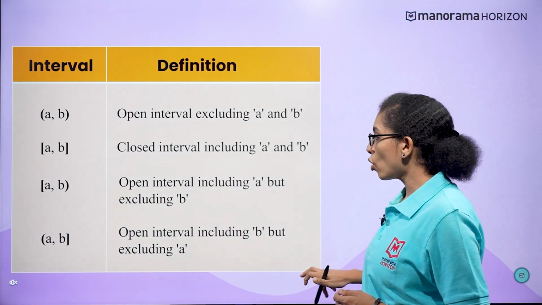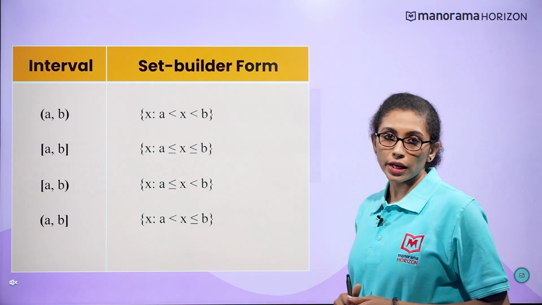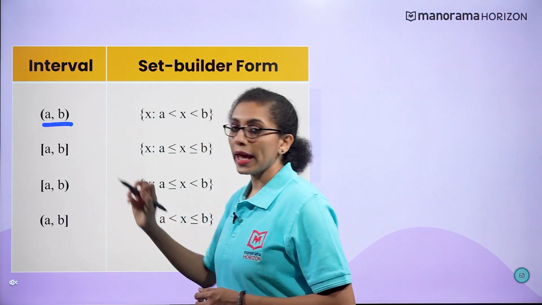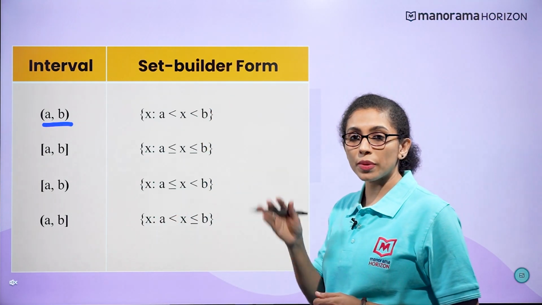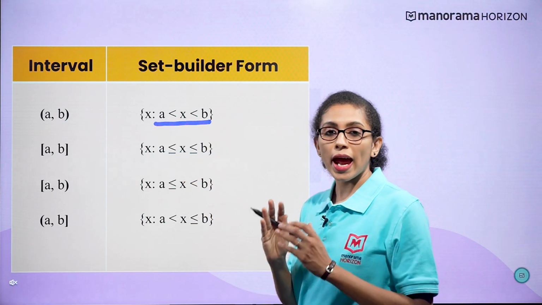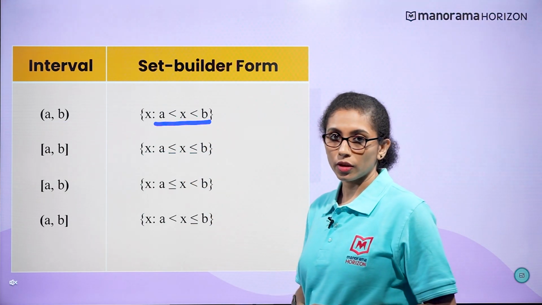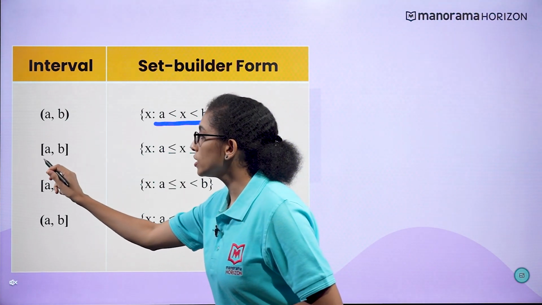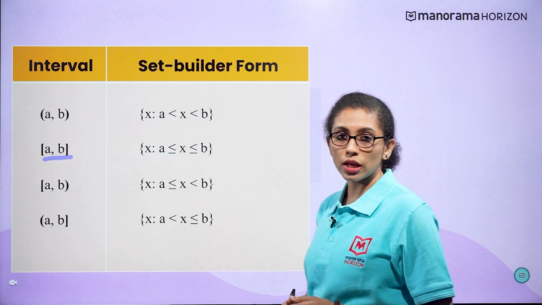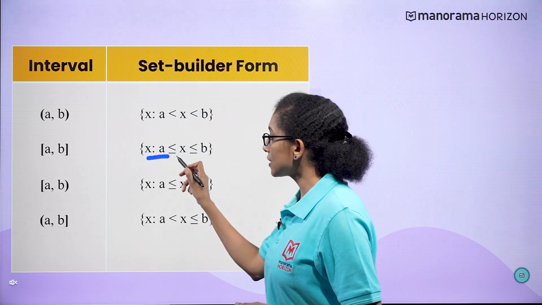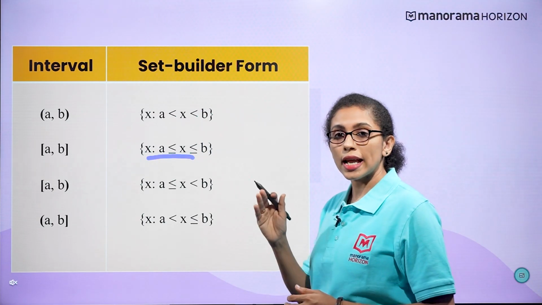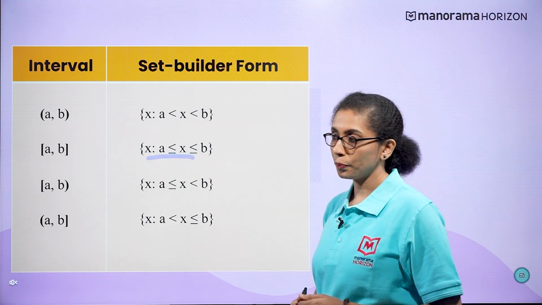And its corresponding set builder notation is, first one, open interval (A, B), which is represented as {x such that A < x < B}. Second one, closed interval [A, B]. Its corresponding notation is {x such that A ≤ x ≤ B}.